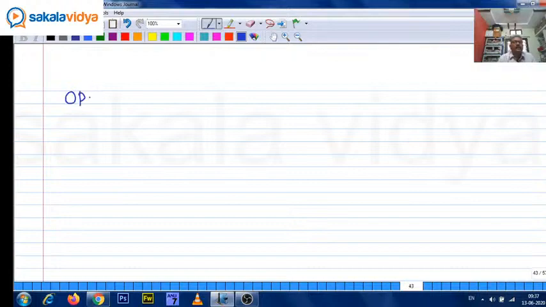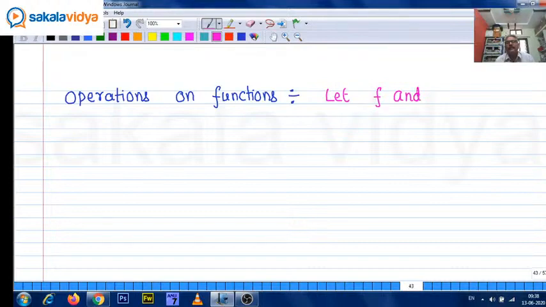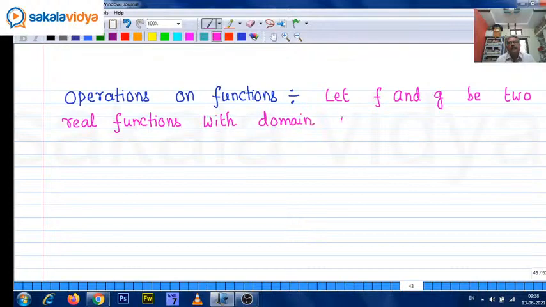Operations on functions. Let f and g be two real functions with domains d1 and d2 respectively.